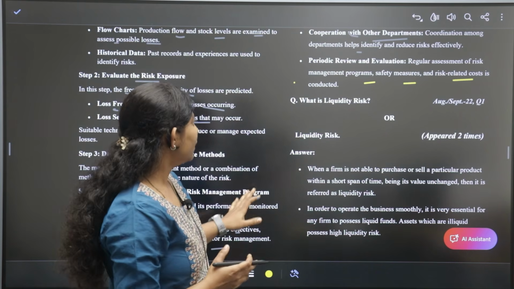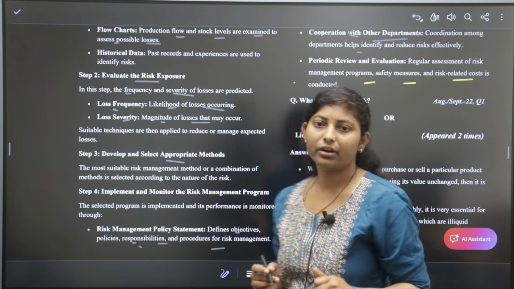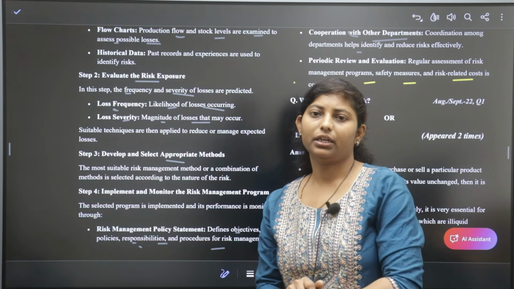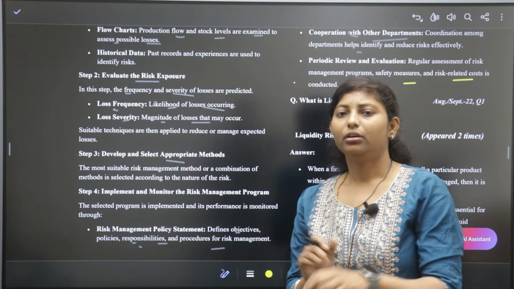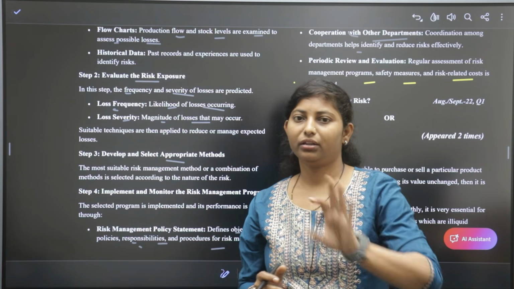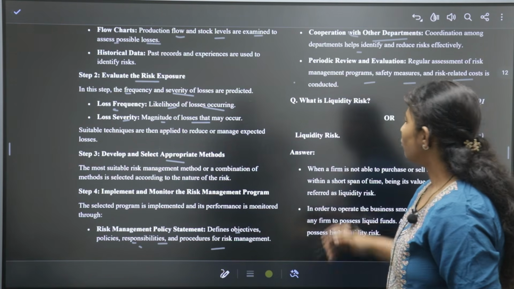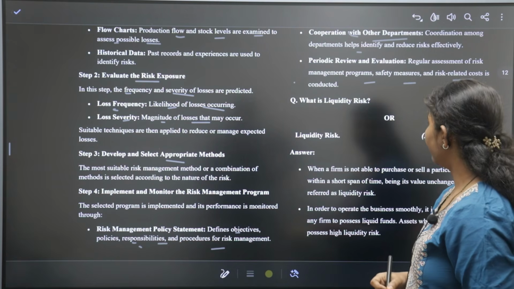So this is the question we covered, the risk management process. It is very simple, has maximum chances of coming in your exam, and is very important. We covered all four steps very easily.